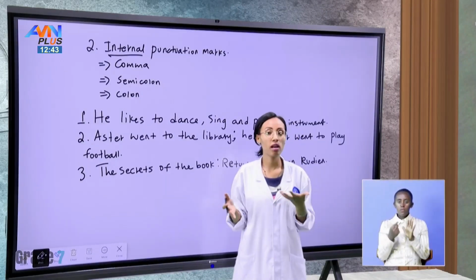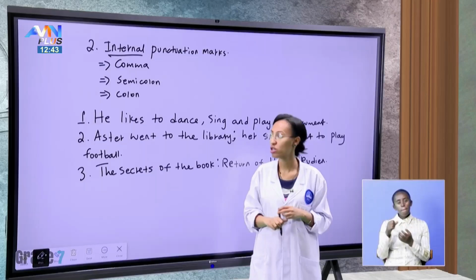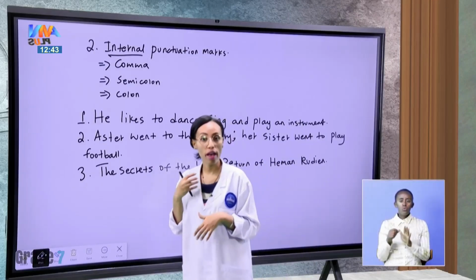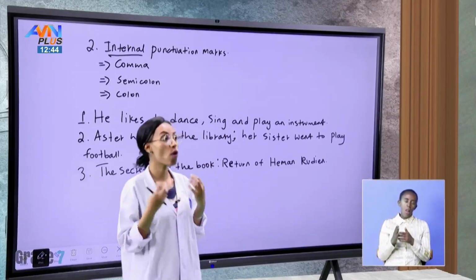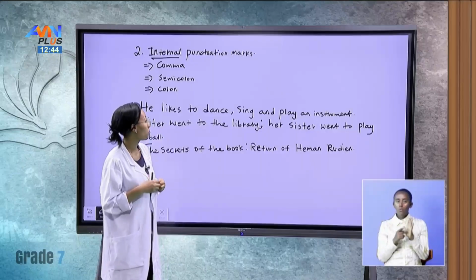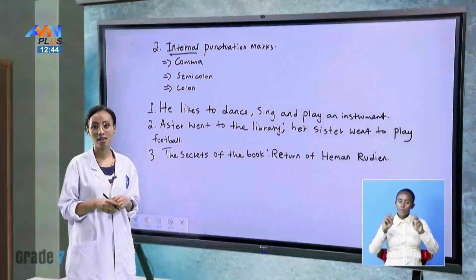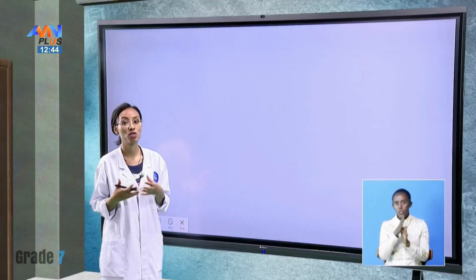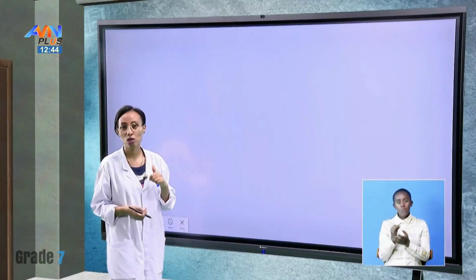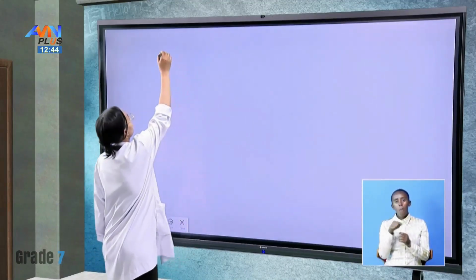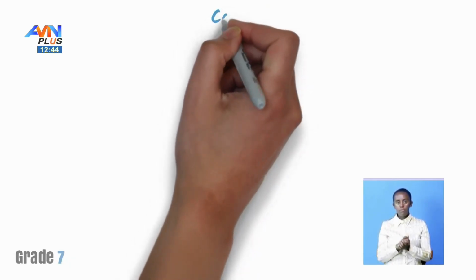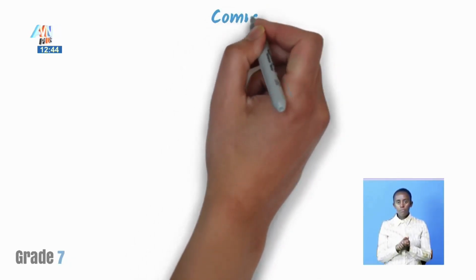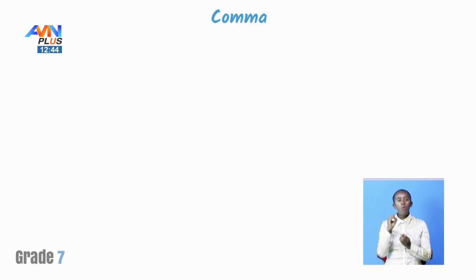So these and many others, we have many other punctuations. We use them either to show external punctuation or internal punctuation. Okay, since we said all of this about punctuations and their many uses, let's go to comma. What are the many uses of comma?